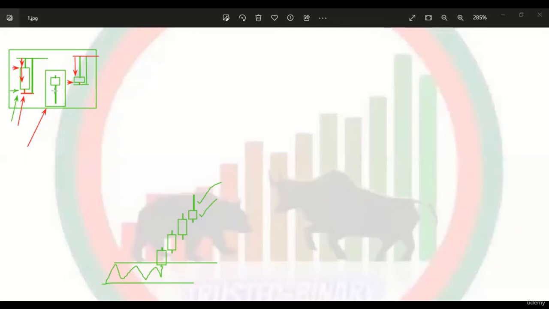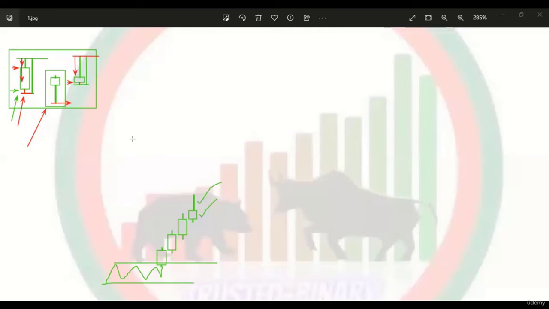The lower rejection is very high because sellers tried from here and pushed the market down, but buyers fought aggressively and strongly with the sellers, pushed the market up again, and finally this candlestick closed here. So that is a very, very strong situation on the buyer side. And this is also a very strong situation. Both are powerful situations by the buyer side.